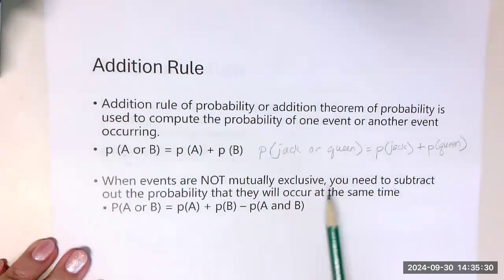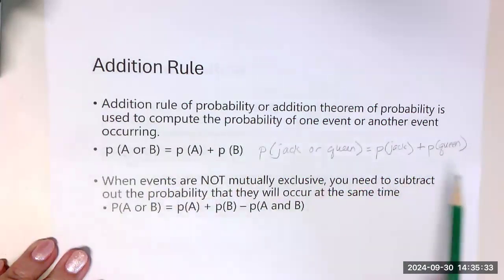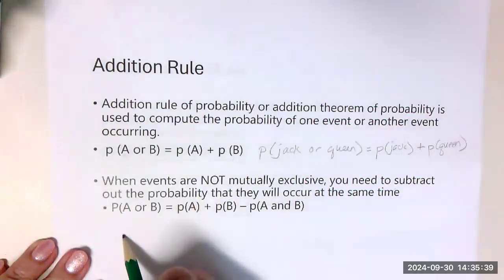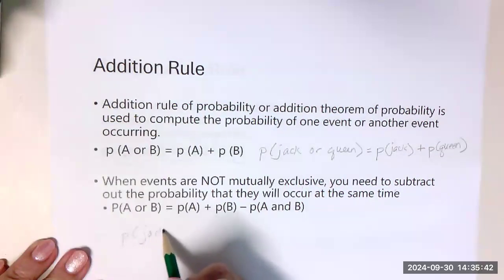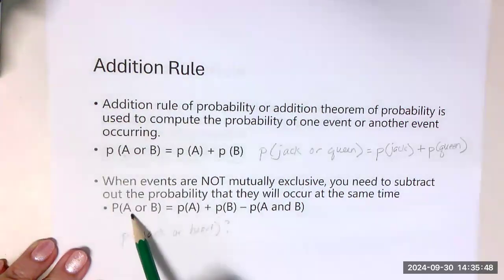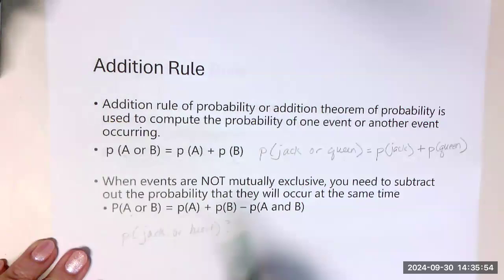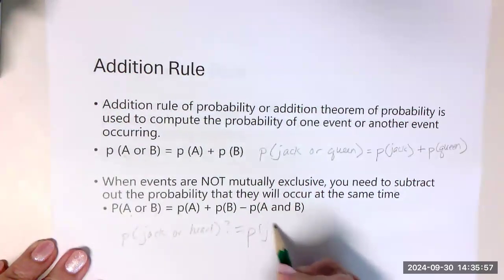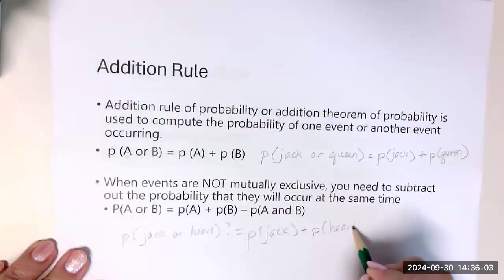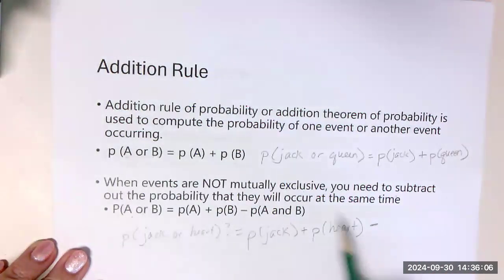We'll do this a little bit later on, but for now, I just want you to see how it's set up. Now, remember, we talked about when events are not mutually exclusive. So the probability of getting, say, a jack or a heart is the probability of a jack, plus the probability of a heart, minus, because they're not mutually exclusive, we have to take out the probability that they do occur at the same time so we don't double count them.